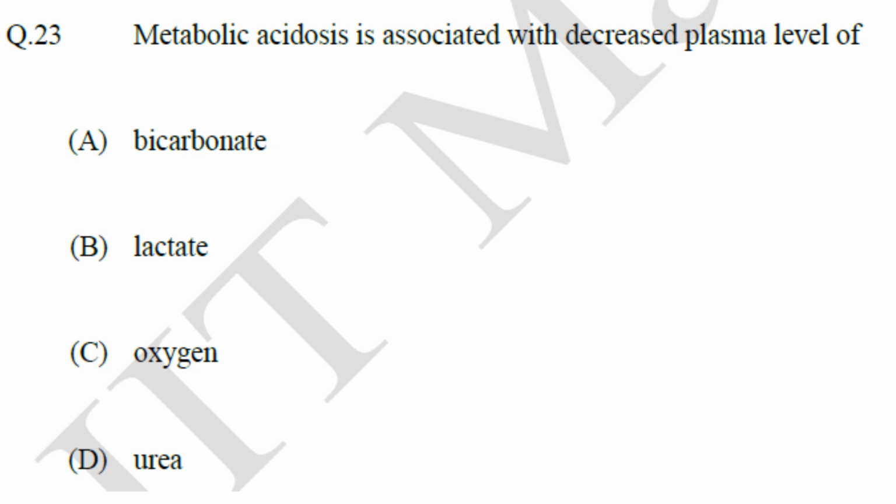So it can result in a decreased plasma level of bicarbonate, because bicarbonate is a buffer that helps maintain the acid base balance. Lactate shows increased level in metabolic acidosis. Lactate is an acid, lactic acid, so it shows increased level in metabolic acidosis.